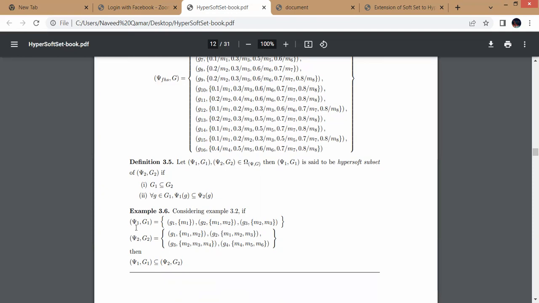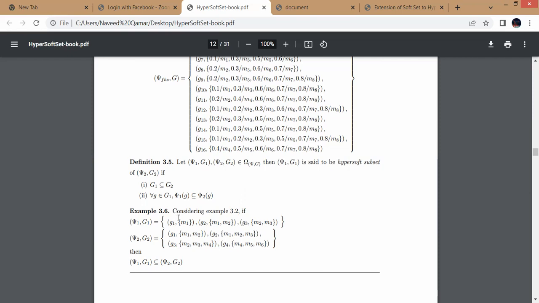There is an example related to this. This is the first hypersoft set, this is the second hypersoft set. You can simply check these two properties. First of all, G1 is a subset of G2. G1 includes G1, G2, G3, and G2 includes G1, G2, G3, and G4. The first condition of the definition is clear.